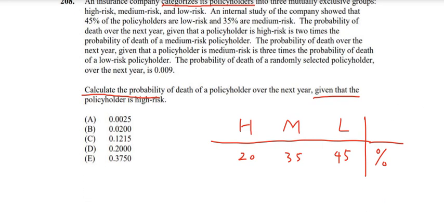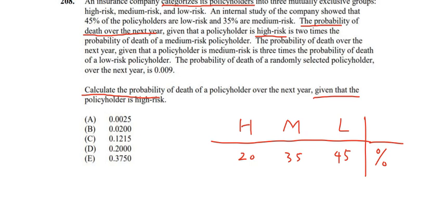So the probability of death next year differs by group. For those high risk people, it is 2 times the probability for middle risk.